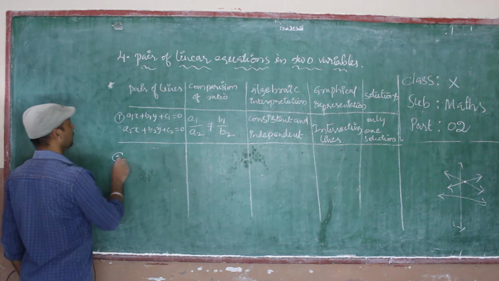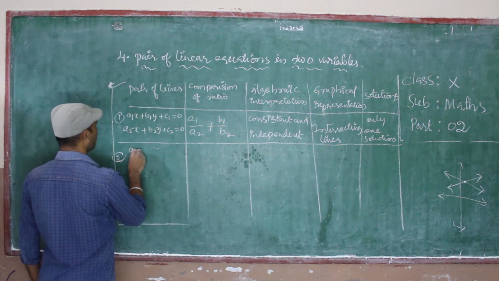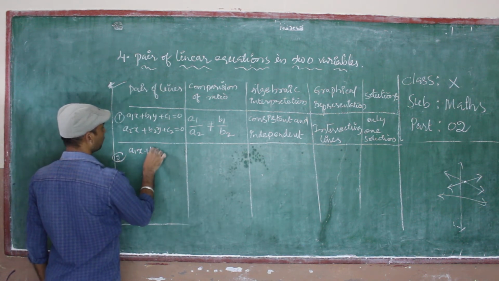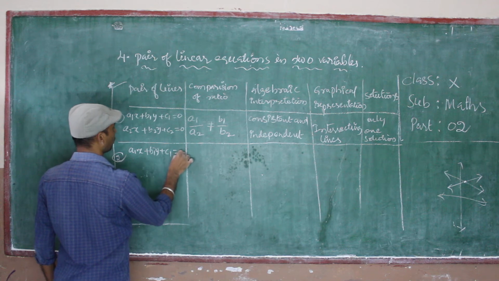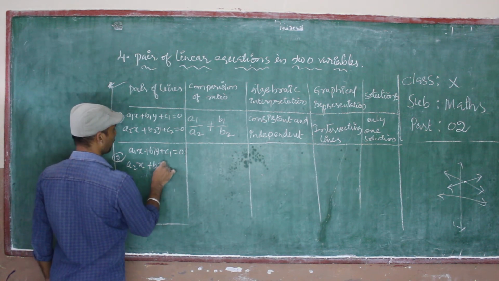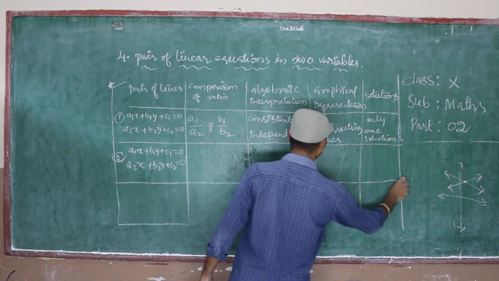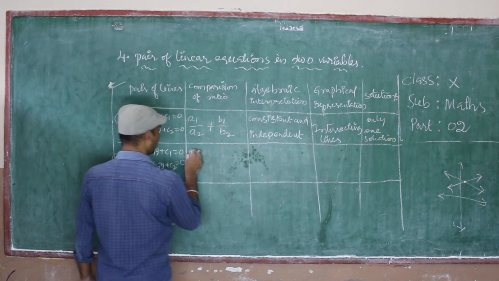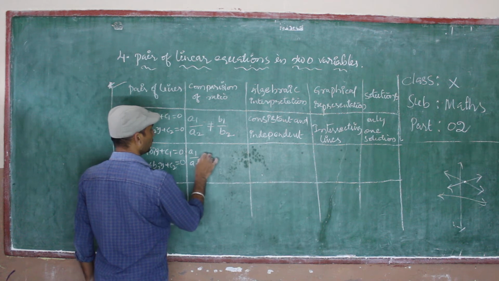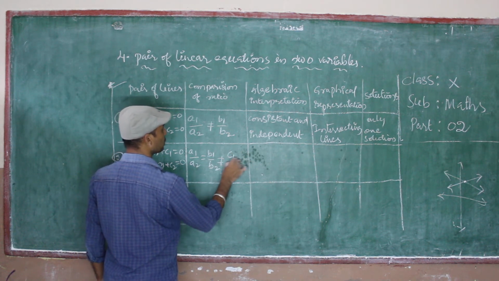And the second one is a1x plus b1y plus c1 is equal to 0, a2x plus b2y plus c2 is equal to 0. If you find the ratio, then you will get a1 by a2 is equal to b1 by b2 is not equal to c1 by c2.